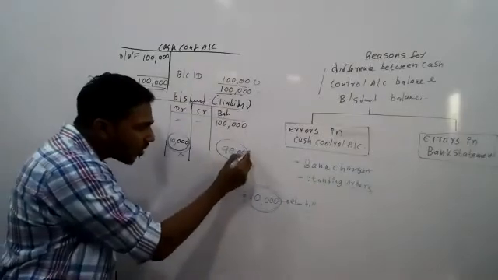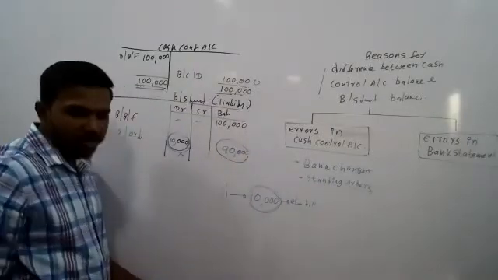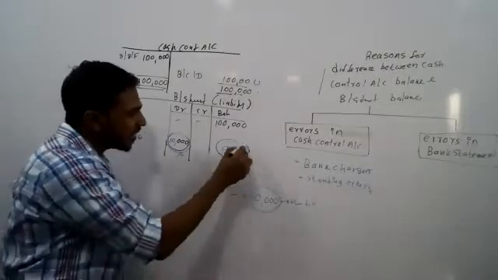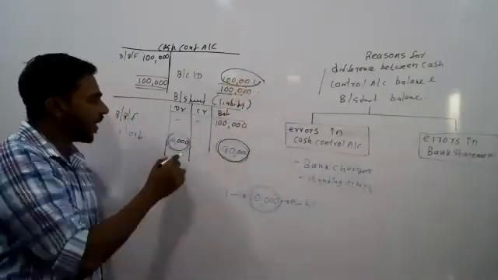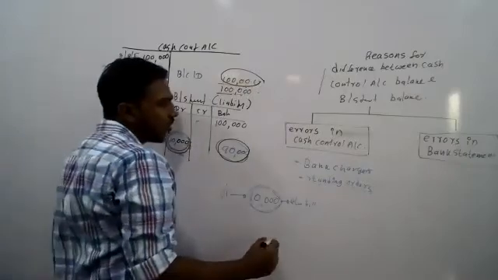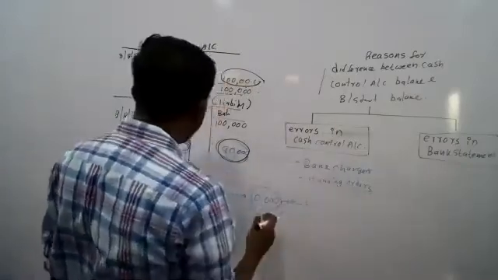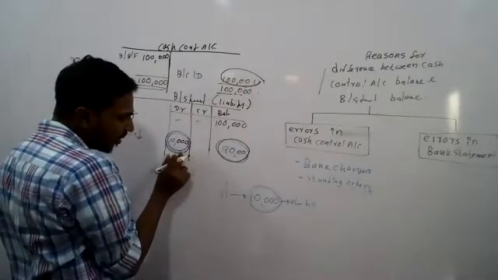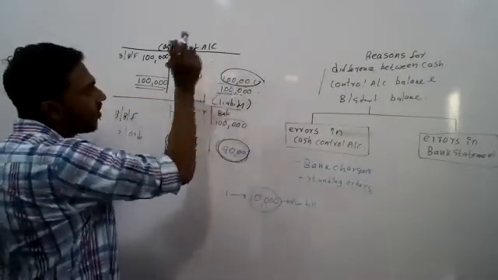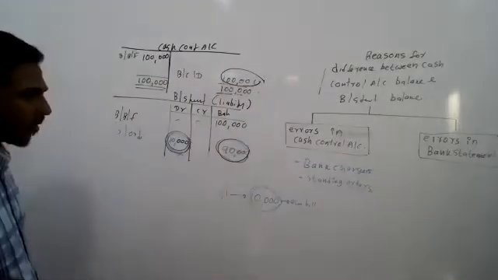But once you receive the bank statement, our balance is how much? Bank statement balance is 90,000, but our balance is 100,000. So there is an error, and that error comes because of the standing order. So one error in the cash control account is the standing order, because the bank has recorded this 10,000 standing order, but we haven't recorded it.